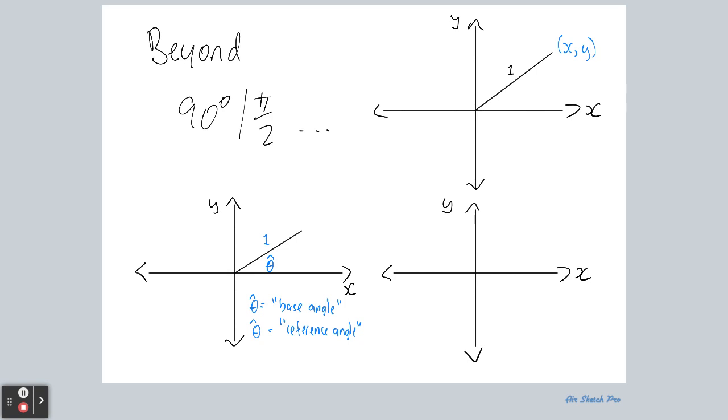And I noticed Ryan say that's what you're used to calling it. So both of them are legitimate, but if you hear me say reference angle, I mean base angle and vice versa. It's the angle between the x-axis and this unit line in this area of the graph. It's an acute angle. Now, here's the kicker.